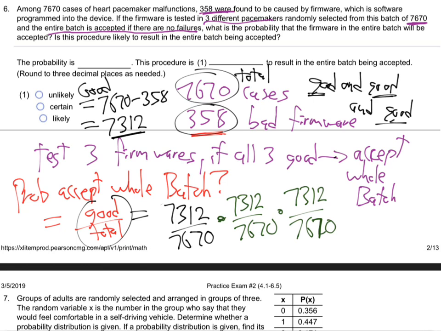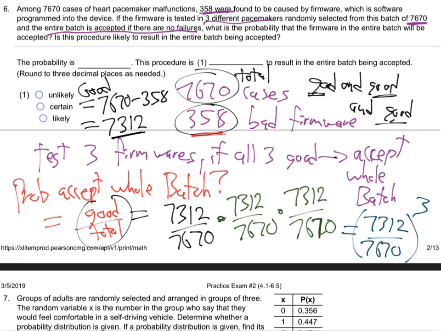Just to save work, take 7312 over 7670 to the third power on your calculator. That means 3 of those multiplied together. So if they had 5 in a row, then you just go 5th power. What button do we push? So the up arrow is your power button. So the up arrow 3. So type that fraction, but you have to hit equals beforehand, so it doesn't just do the last number.